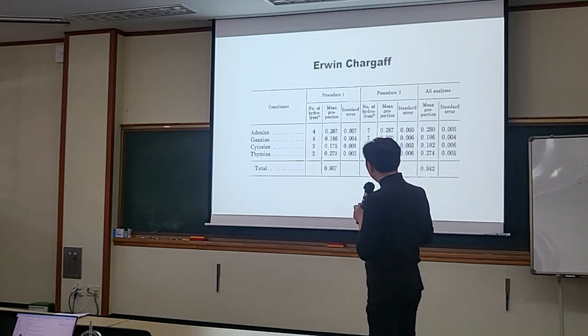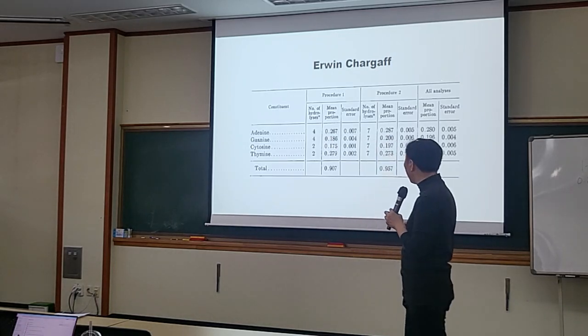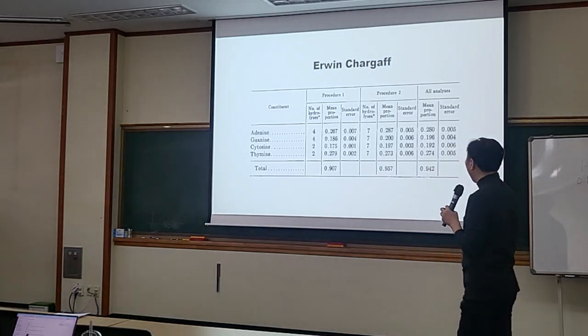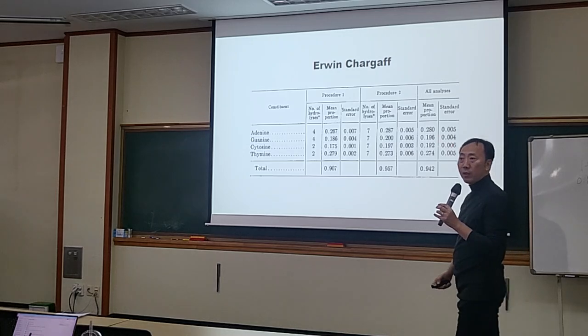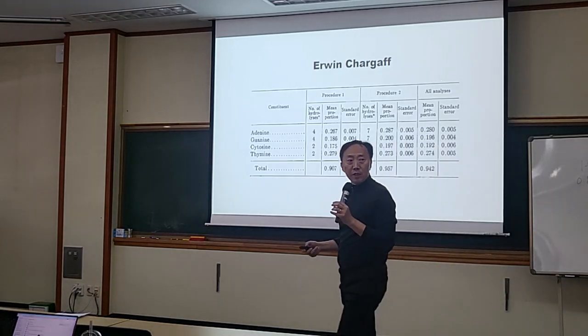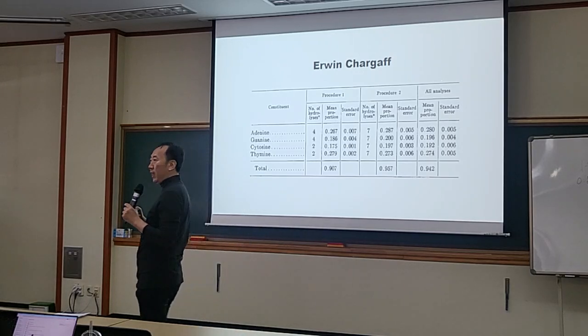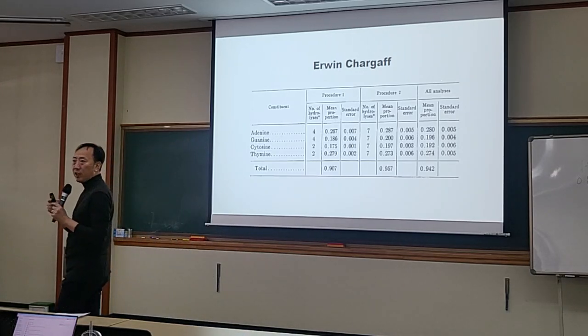It changes between samples, but at least within the same sample the content, the molar ratio, is almost the same. And the same result was repeatedly discovered. So it gives you some clues: maybe they are paired, A and T, C and G.